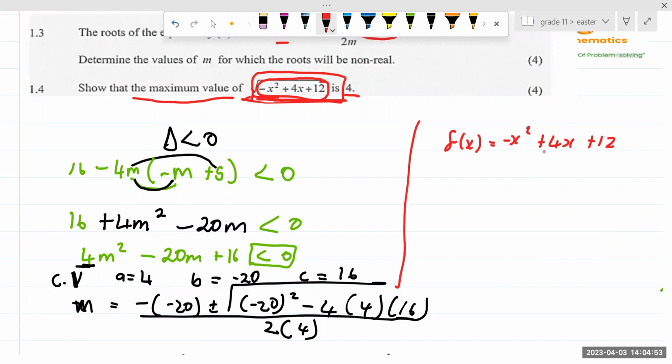Now, they are looking for the turning point of this. How do you get the turning point? There are many ways. One way is differentiation. Another way is to use the formula x equals minus b over 2a. I'm going to go with differentiation.